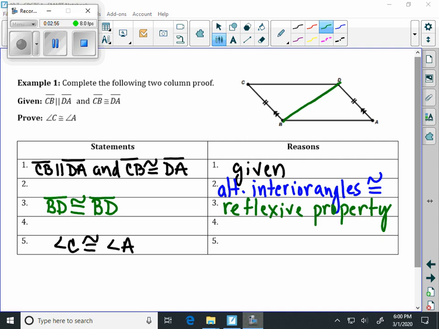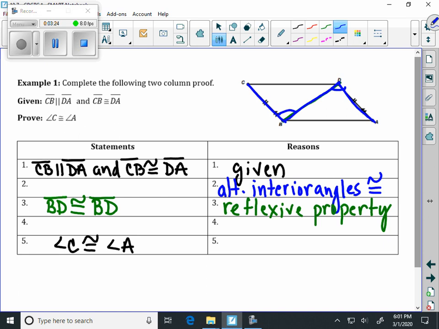We also have parallel lines in this picture. Here's a parallel line, and here's a parallel line. And we're going to be looking for our alternate interior angles. So two parallel lines cut by a transversal, and what happens is that alternate interior angles are congruent.